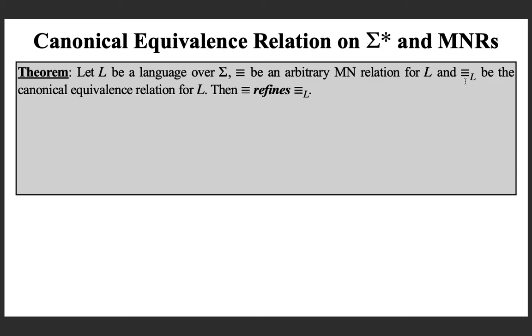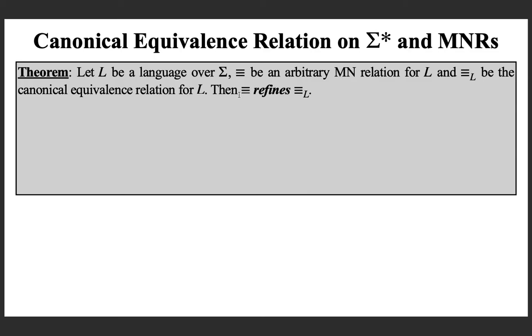So what is given is an MN relation for a language. And now you look at our canonical equivalence relation. Then the theorem is very strong. It says that the arbitrary Myhill-Nerode relation must refine the canonical relation. This is the relation that we defined in the previous slide.